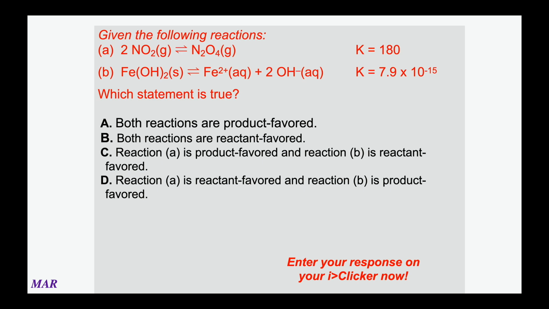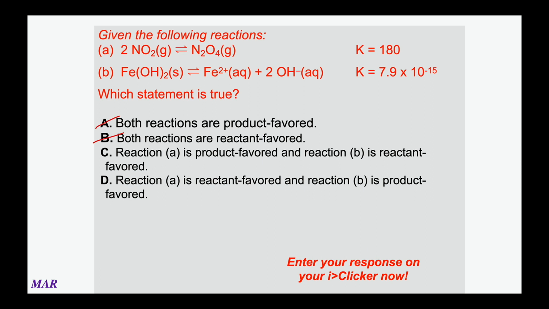But the second reaction, 7.9 times 10 to the minus 15th, that's much less than 1. That one's going to be a reactant favored K. So A is not true. The second one is not product favored. Likewise, B is not going to be correct either, because while the iron(II) hydroxide reaction is reactant favored, the first one, the NO2 reaction, is very product favored.